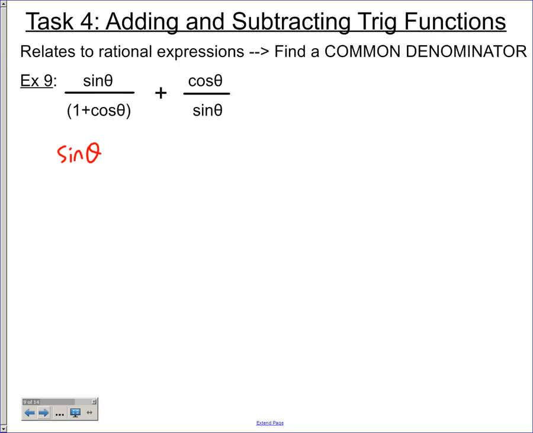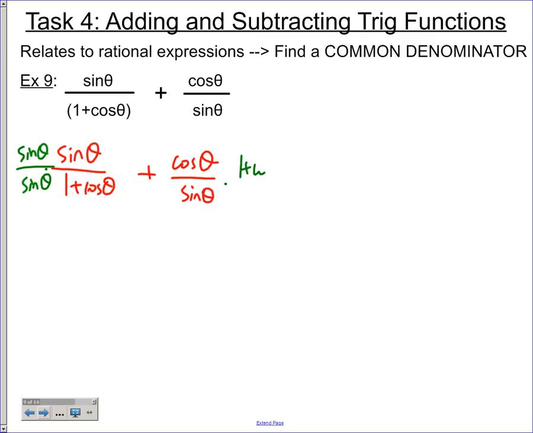So we have sine theta over 1 plus cosine of theta plus cosine theta over sine of theta. And I'm going to multiply the left-hand side by sine theta over sine theta. And I'm going to multiply the right-hand side by 1 plus cosine theta over 1 plus cosine theta. And let's put that in parentheses because there's two terms.